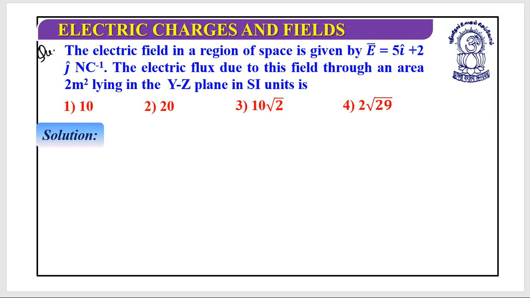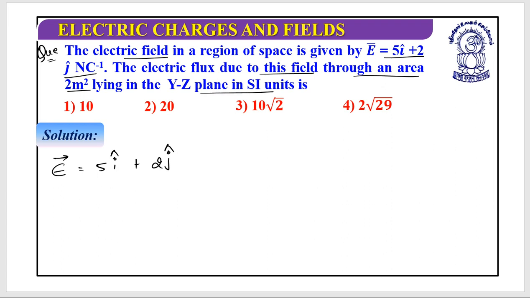What is given? The given data is that electric field is given in a region as 5i plus 2j. That means electric field E is equal to 5i plus 2j cap. The electric flux due to this field through an area of 2 meter square lying in the YZ plane.